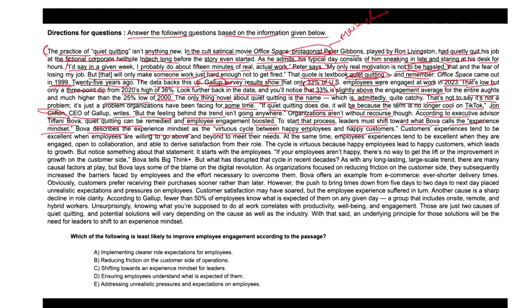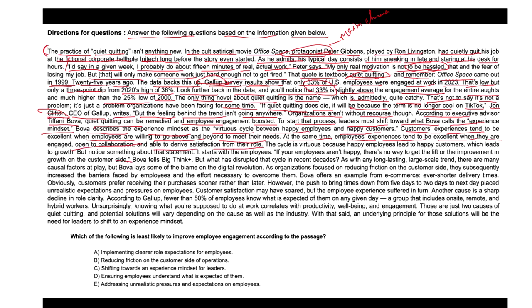Customers' experiences tend to be excellent when employees are willing to go above and beyond to meet their needs. At the same time, employees' experiences tend to be excellent when they are engaged, open to collaboration, and able to derive satisfaction from their role.